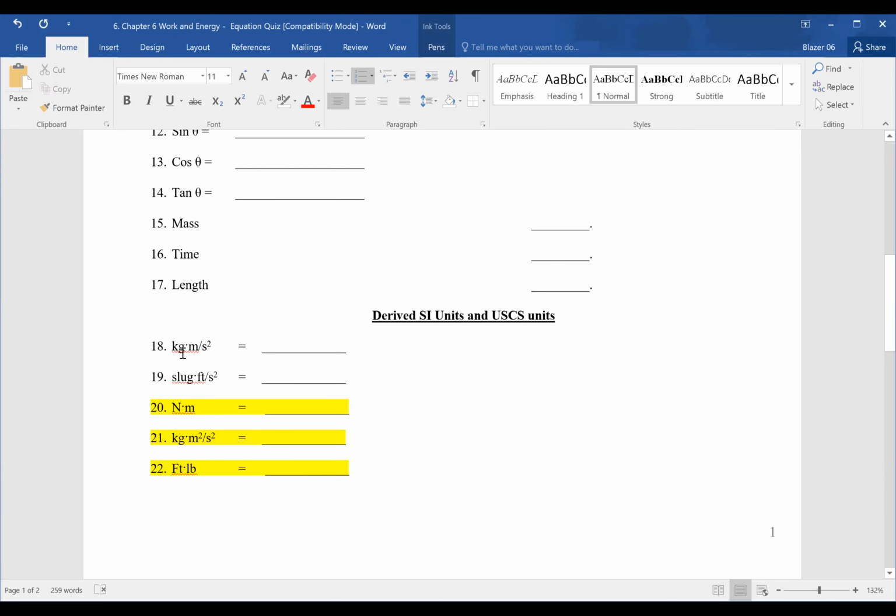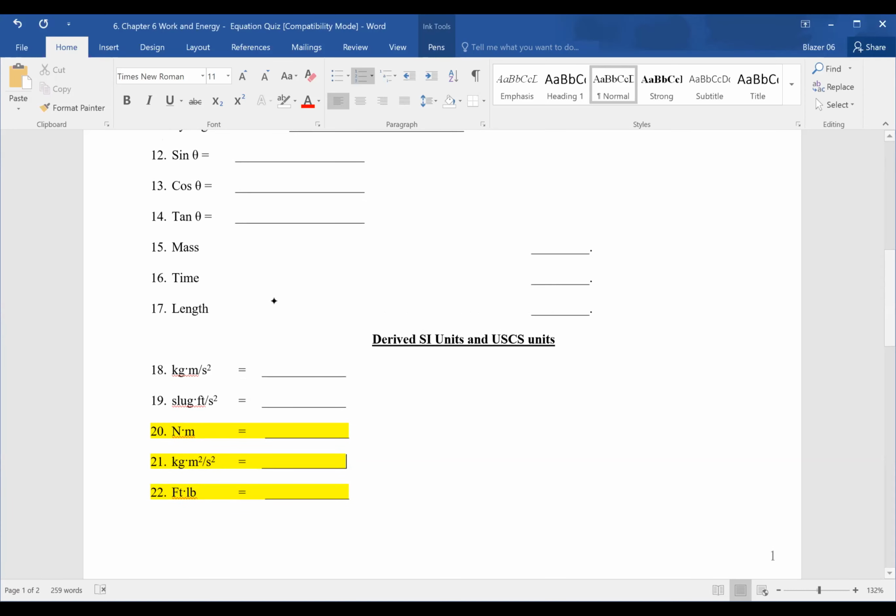The kilogram meter per second square, of course, that is our Newton. So we've already derived the Newton. A slug foot per second square, that's a pound. We've already derived that. And now we have another unit called the Newton meter. The Newton meter, we give it a new name, and we use the symbol uppercase J, and that stands for joule. So the unit for work is the joule.